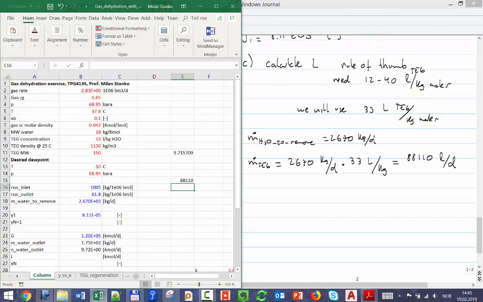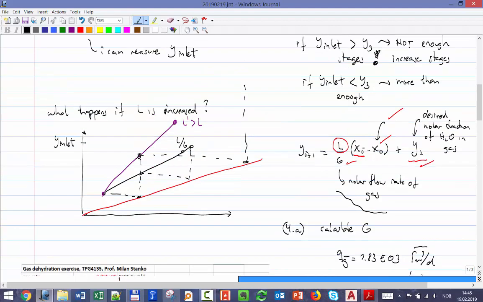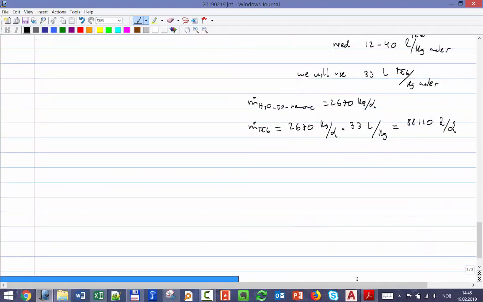But remember, L and G have to be in the same units. When I put them both in the equation, they have to be able to cancel each other. So I have to take that to number of moles of TEG. And that actually will not be M, but a Q, a rate of TEG. The mass flow of TEG is simply the Q of TEG multiplied times the density of the TEG.